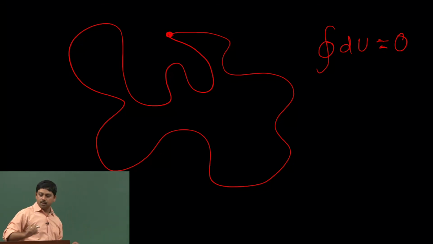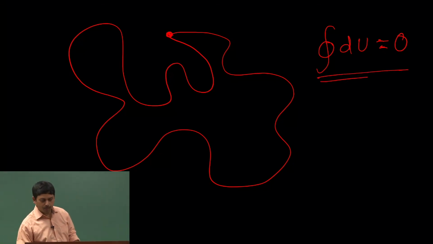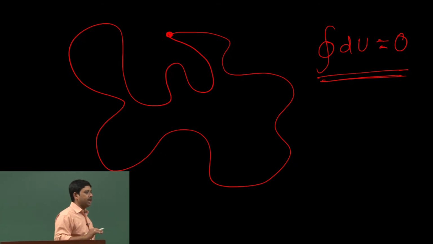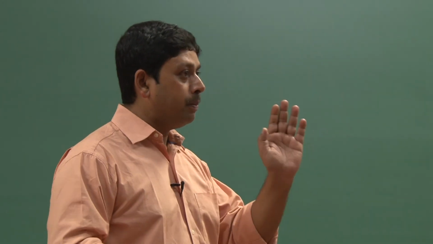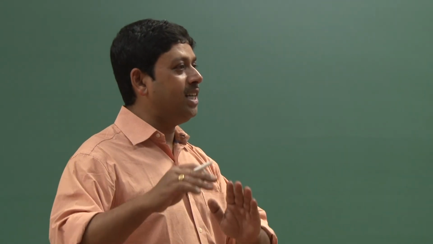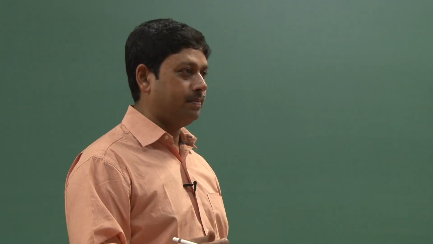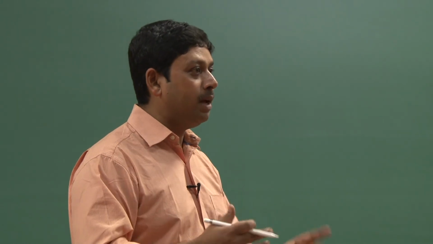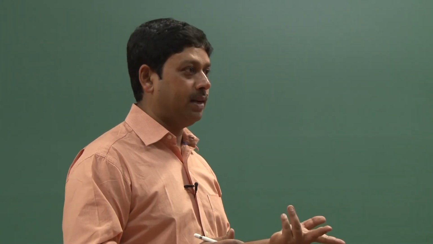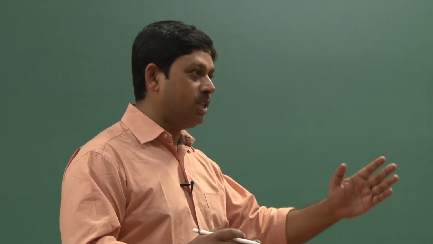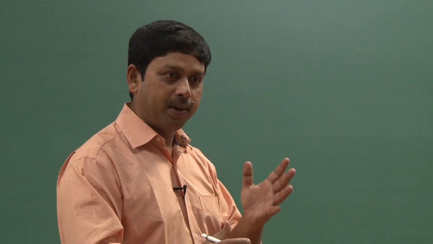So, it is always 0 by postulate. Because we do not take U to be dependent on path, both dQ and dW have to be path dependent, then only they can balance that. U is path independent, but the other two, dQ and dW, are path dependent, and they balance this.